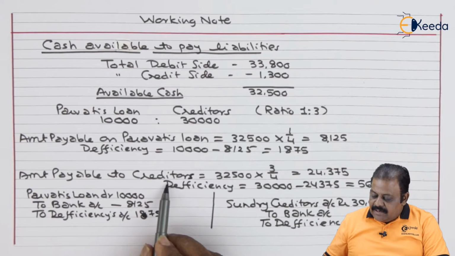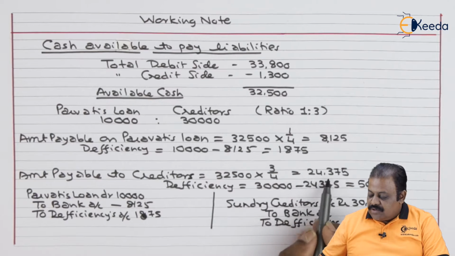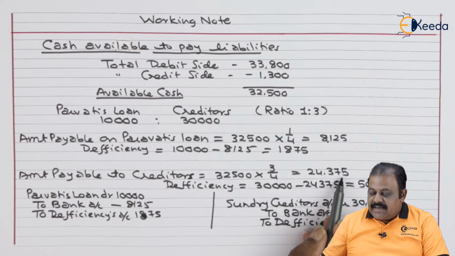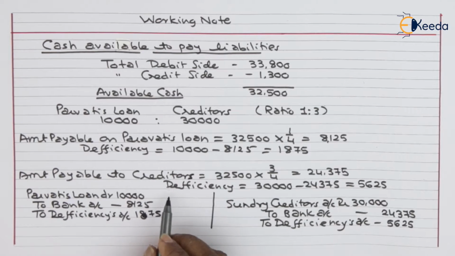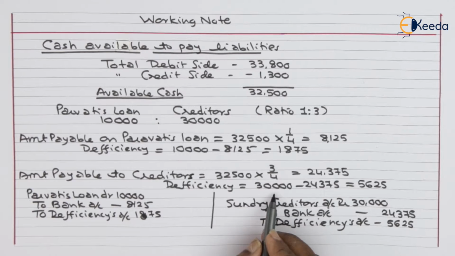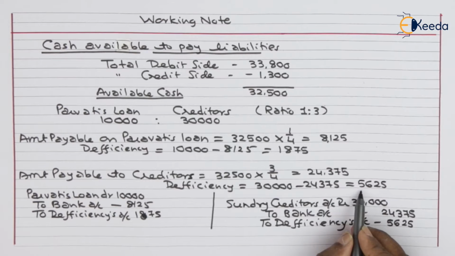Amount payable to creditors, available cash 32,500 multiplied by 3/4, that is 24,375. Amount due to creditors 30,000 minus amount paid 24,375. So in their case the deficiency is 5,625.